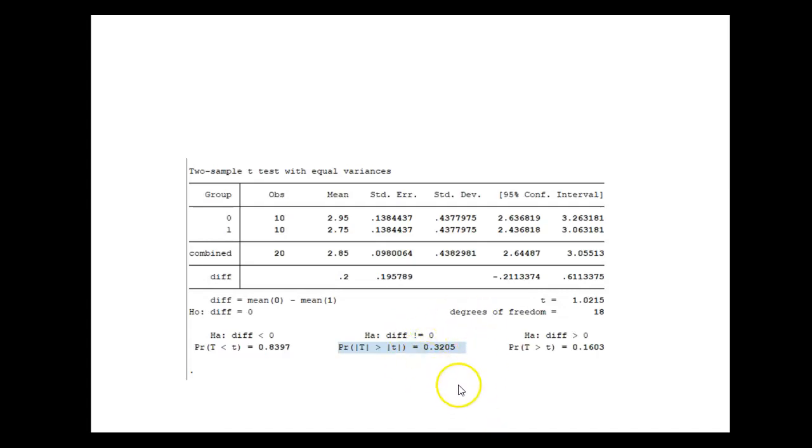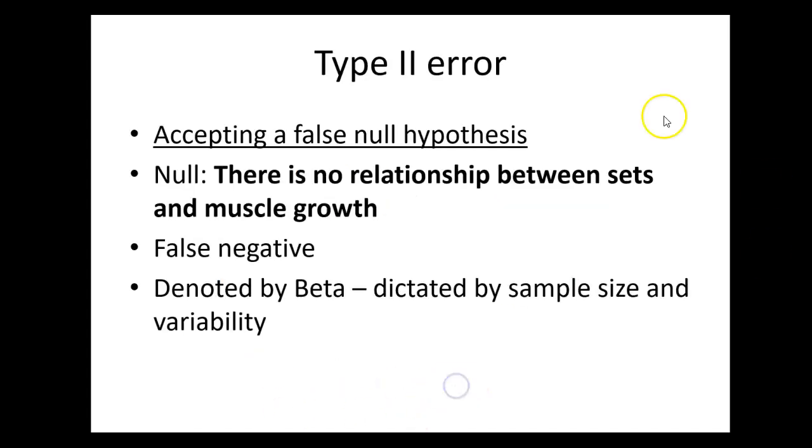But according to this, there are no significant differences between the two groups because our p-value was higher than 0.05. So we would have to accept this null hypothesis that there is no difference. Now, that might be accepting a false null hypothesis. So maybe there actually is a relationship. So again, our null was there's no relationship between sets and muscle growth, and we had to accept that.